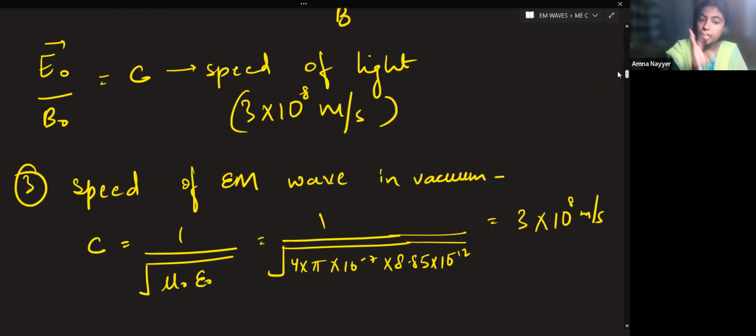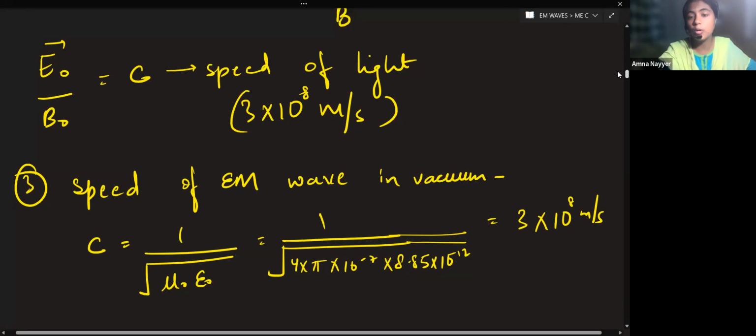Mu naught is permeability and epsilon naught is permittivity. Remember, mu naught is from magnetism: mu naught by 4 pi is 10 to the power minus 7. Epsilon naught is permittivity, and for free space you have to remember this value, which is 8.85 into 10 to the power minus 12. Got it?